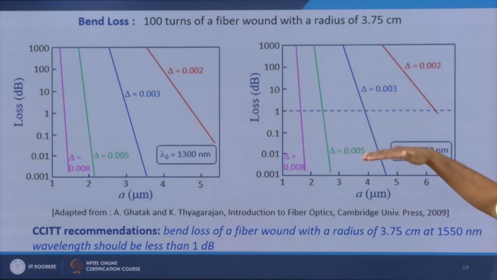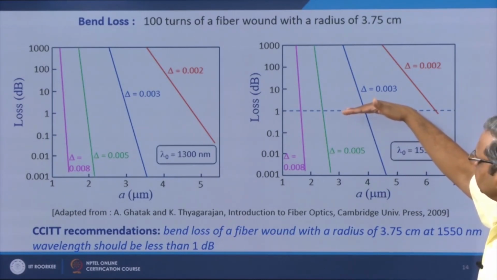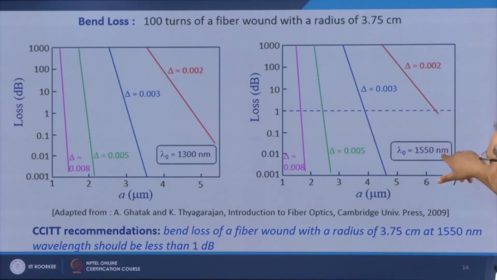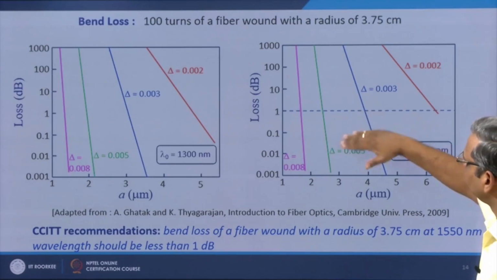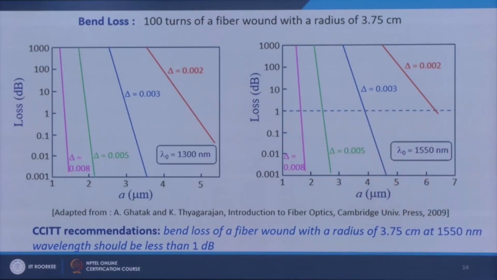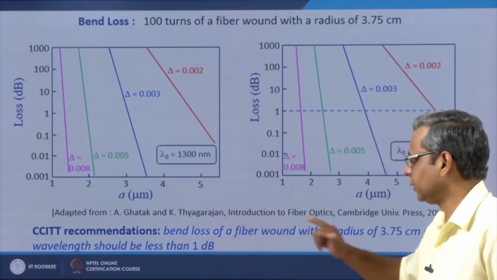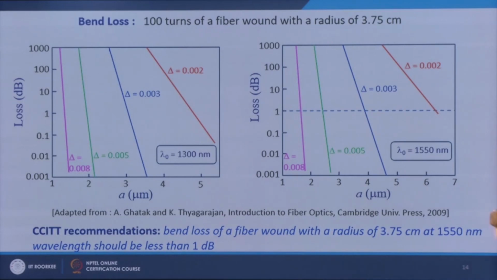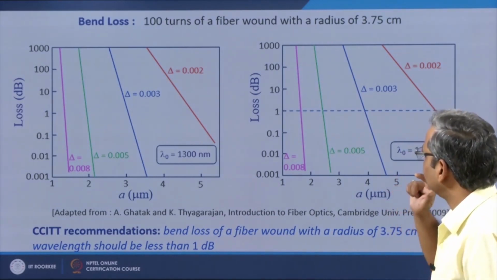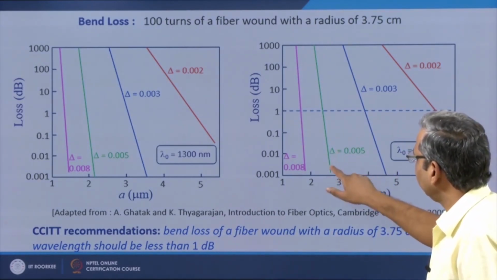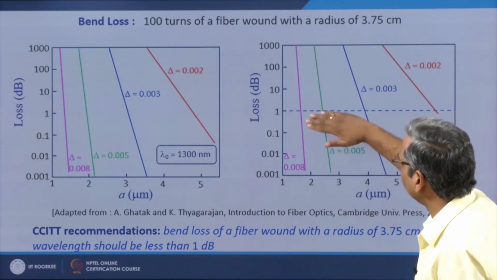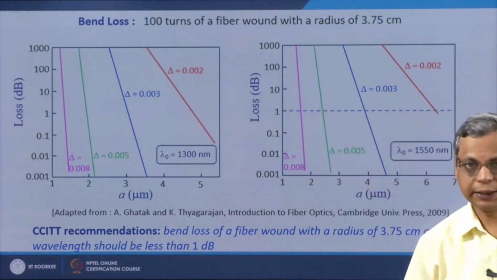So, CCITT recommendations say that at 1550 nanometer wavelength I should operate below this line of 1 dB. Okay. This loss should be less than 1 dB for 100 turns. So, I should choose the combination of delta and A in such a way that I always remain below this line.